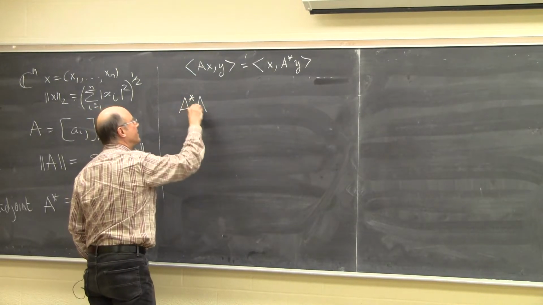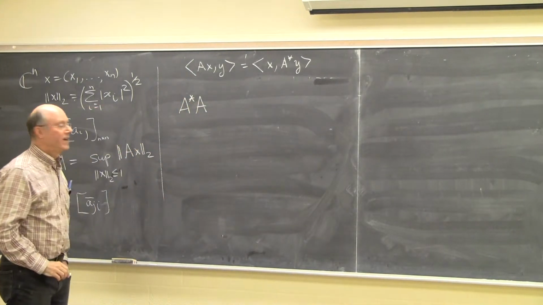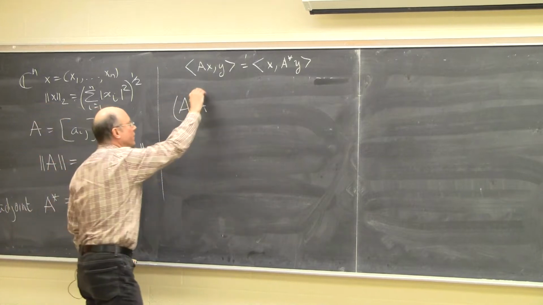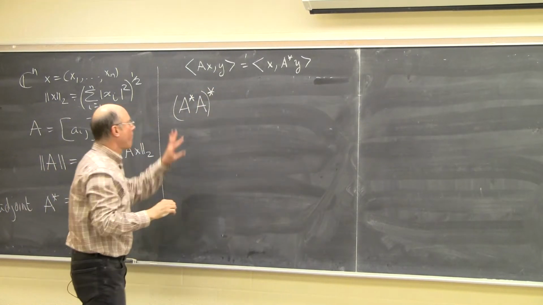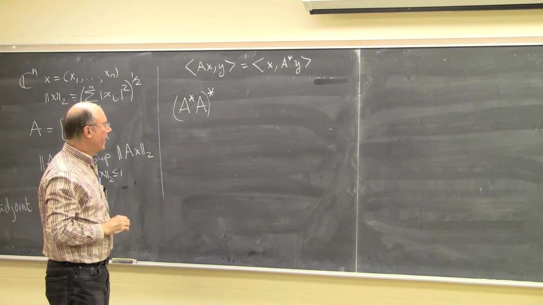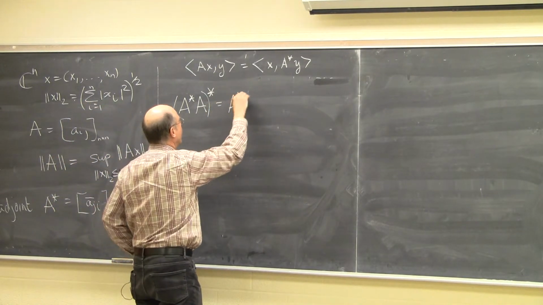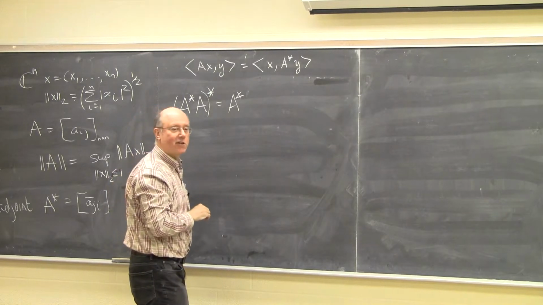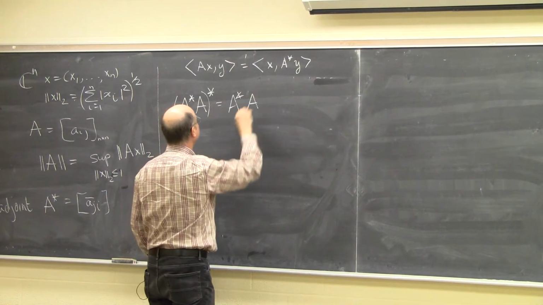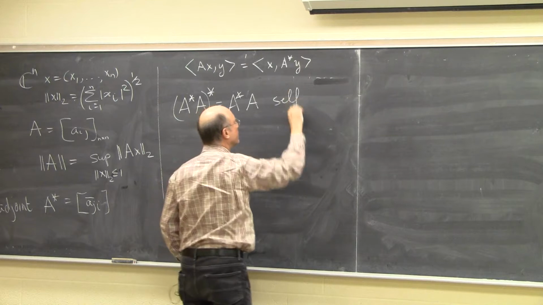Okay. So in particular, A star A is self-adjoint, because if you take the adjoint of that, adjoint reverses multiplication, and you get A star and then A star star, but A star star is A. Okay, so it's self-adjoint.